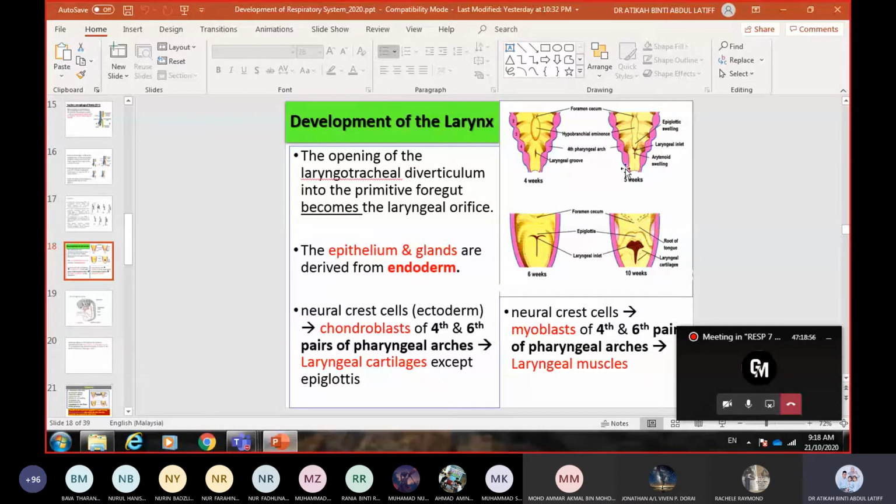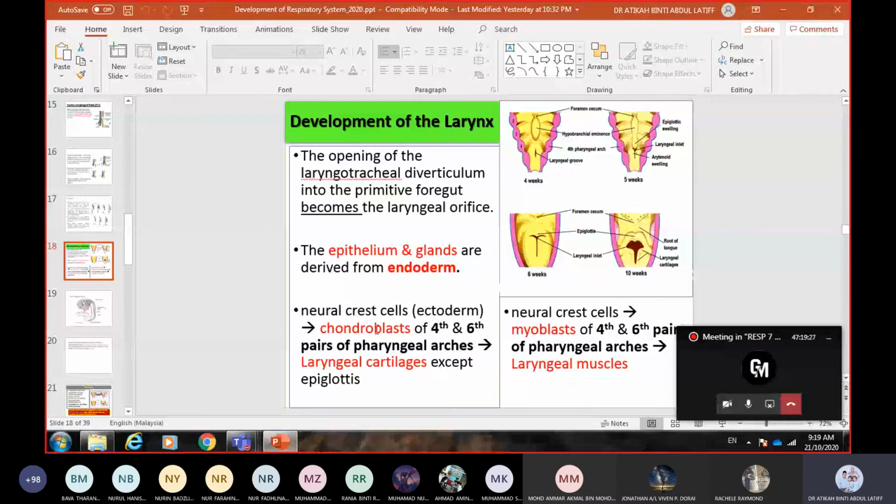Okay, as we mentioned earlier, the endoderm, which is in yellow, forms the epithelium and glands. And the neural crest cells come from the ectoderm of the 4th and 6th pharyngeal arches. So we have two types of tissue forming from the neural crest of the 4th and 6th pharyngeal arches.